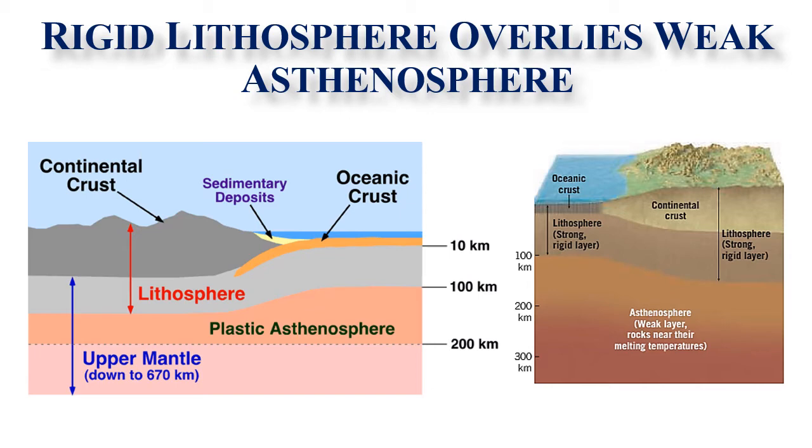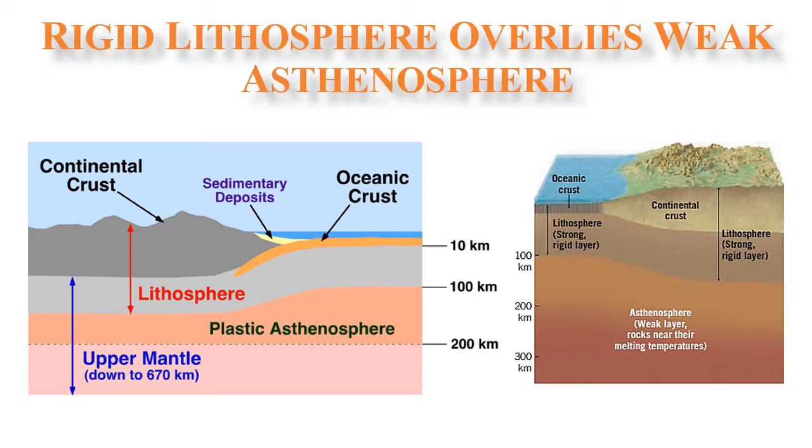Oceanic lithosphere is roughly 100 kilometers, that is 60 miles, thick in deep ocean basins, but it is considerably thinner along the crest of oceanic ridge systems. By contrast, as we can see in this diagram, the continental lithosphere averages about 150 kilometers, that is 90 miles, thick, but may extend up to a depth of 200 kilometers or more beneath the stable interior of the continents.